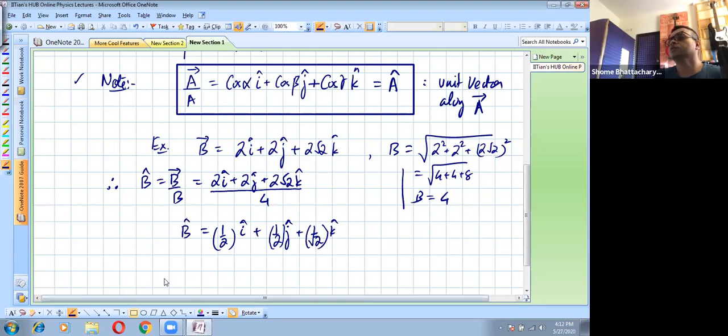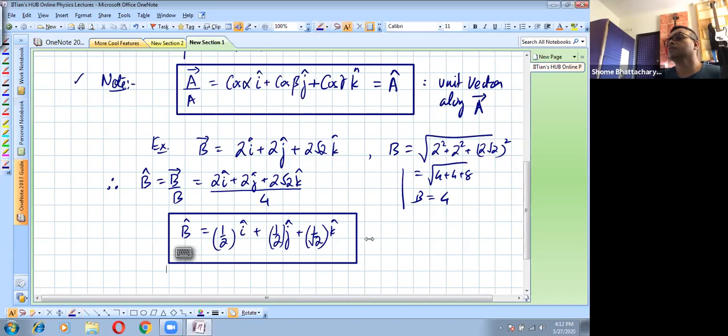So this b cap is the unit vector along the vector, and each of the components are nothing but its direction cosines.